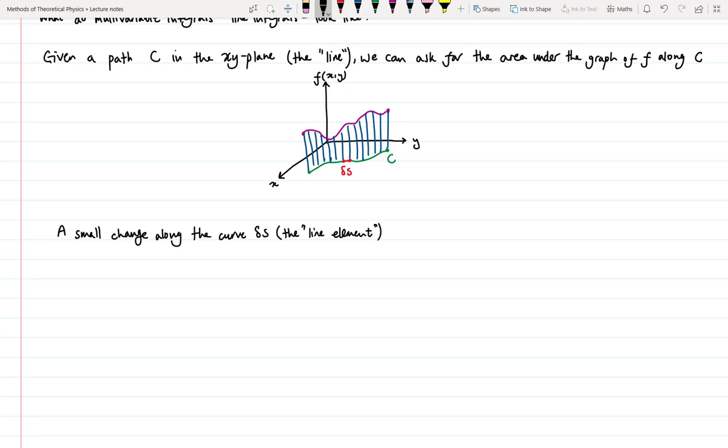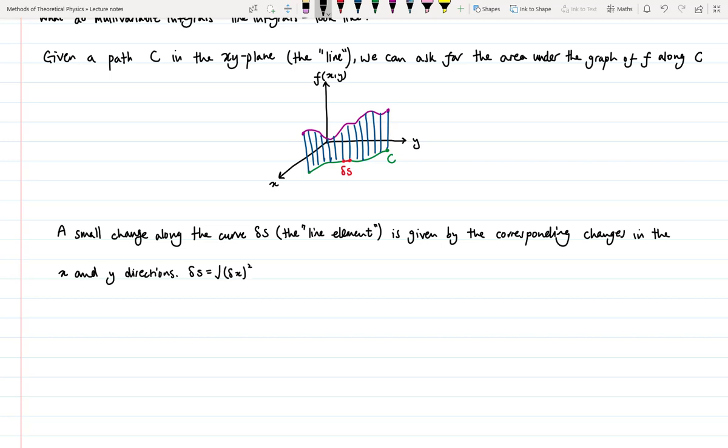Well, this small change along the curve, delta s, is given by the corresponding changes in the x and y directions. By Pythagoras' theorem, we can spot that delta s is given by the square root of delta x squared plus delta y squared.